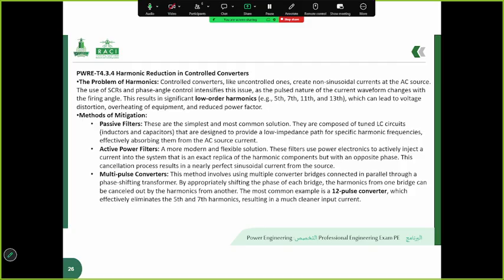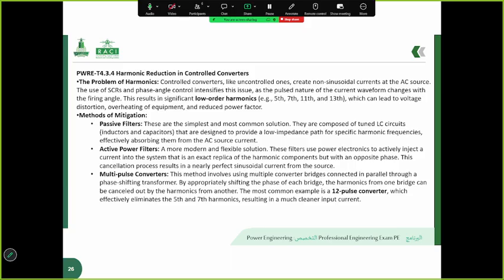The most traditional approach is passive filters, which are simple circuits with inductors and capacitors tuned to absorb specific harmonic frequencies. A more advanced method is active power filters, which use power electronic circuits to generate a compensating current that cancels out the unwanted harmonic currents.